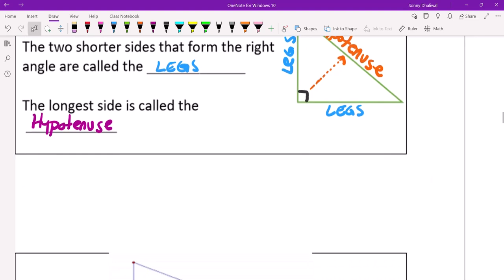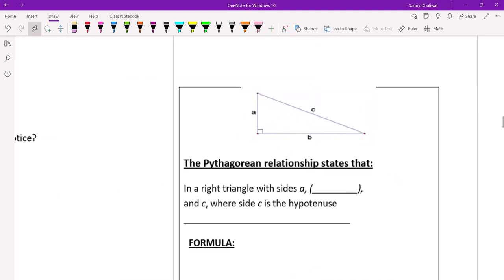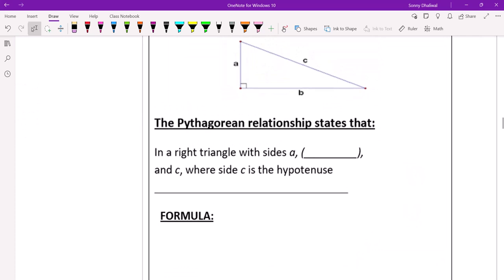All right. So let's go into a little bit more vocabulary here. This is just officially stating the relationship. In a right angle triangle, sides A and B, and side C is what we call the hypotenuse.